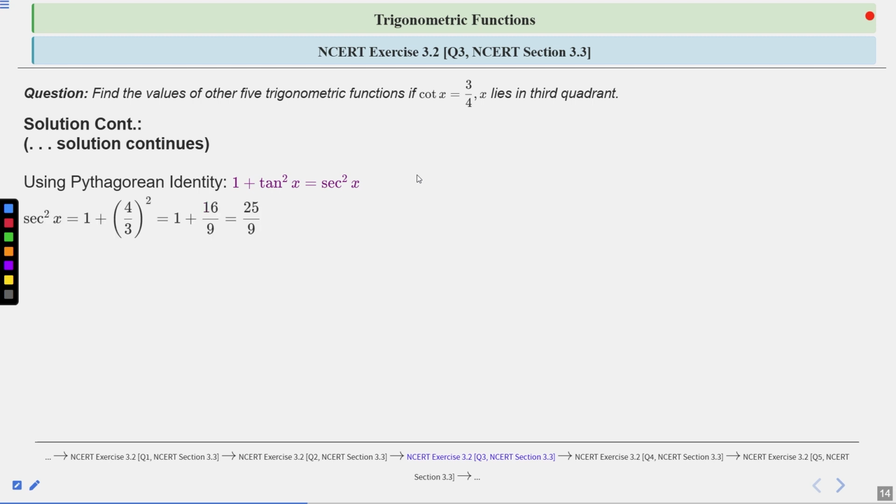Therefore, sec square x will be 1 plus (4 by 3) whole square, which is equal to 1 plus 16 upon 9, which is equal to 25 upon 9.